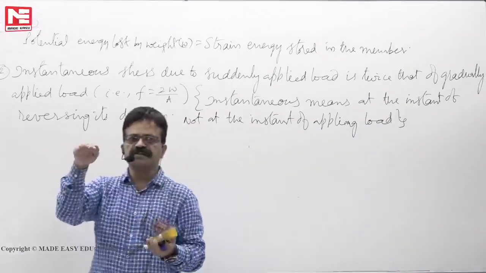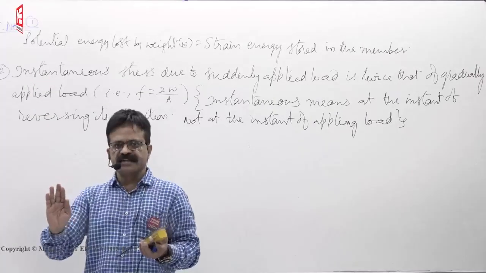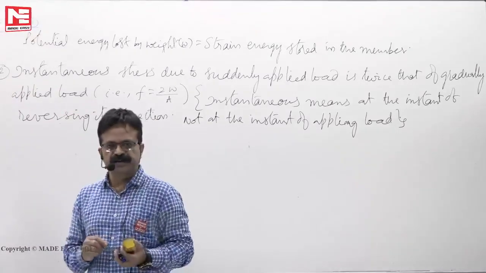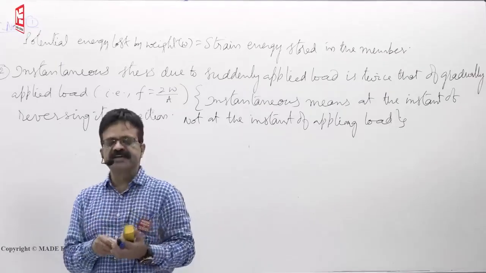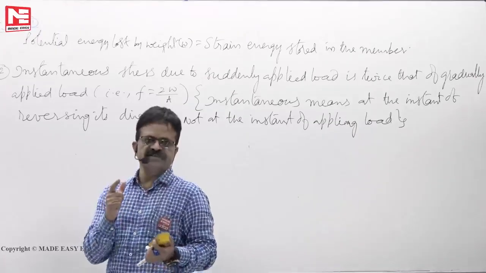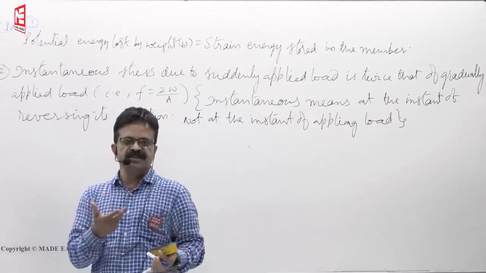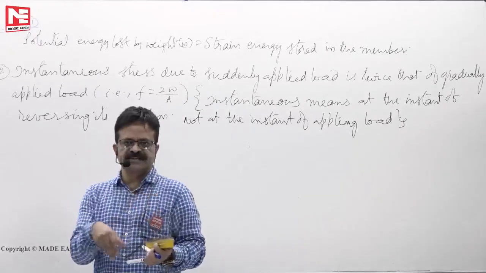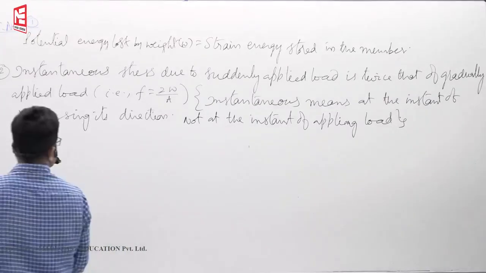At the instant of applying the load, deformation is 0, stress is 0. Then it goes down, then reverses. At the instant of reversing its direction, stress is twice that of gradually applied load. Instantaneous here means at the instant of reversing its direction. Any block, when it reverses its direction, at that instant velocity has to become 0. Without velocity becoming 0, it cannot reverse. That's what you have studied in engineering mechanics also. At the instant of reversing its direction, its acceleration is like that, you have studied.